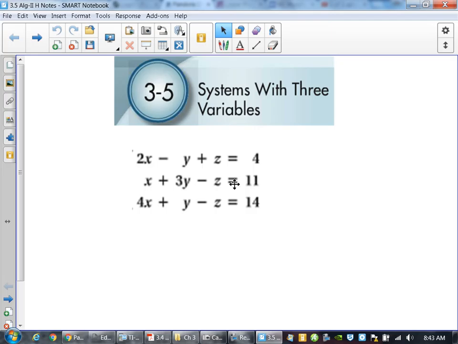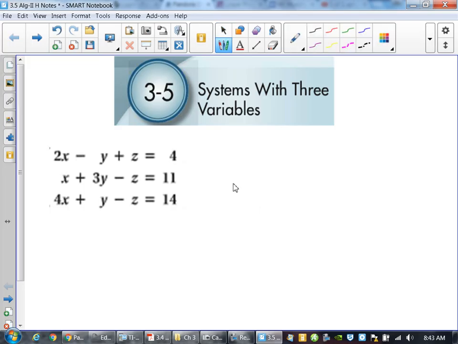If we add those 2 together, I was thinking of doing something different, but let's do what you want. If we add those 2 together, we wind up with 6x is 18. So x would be 3.